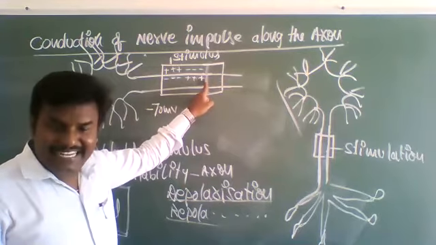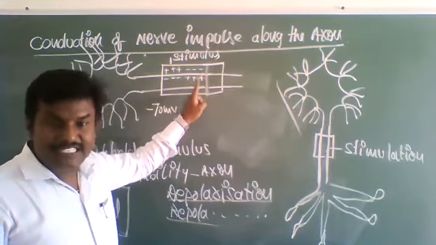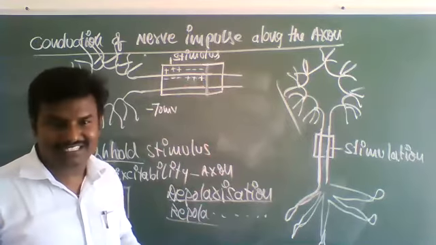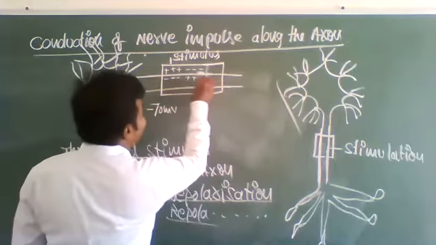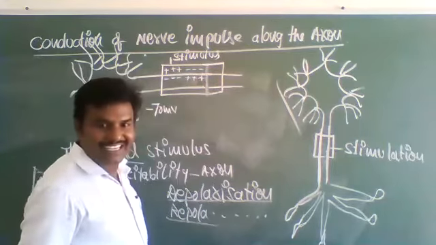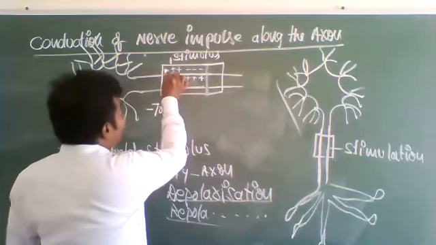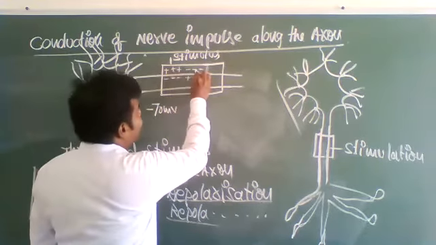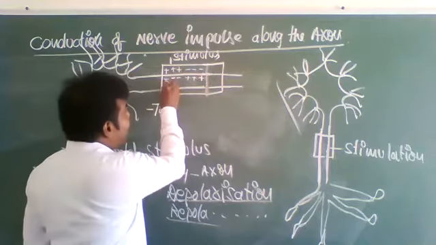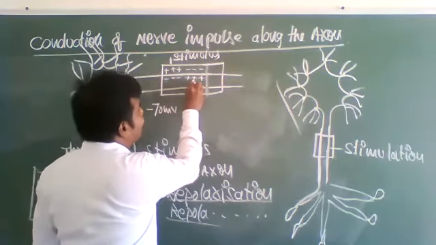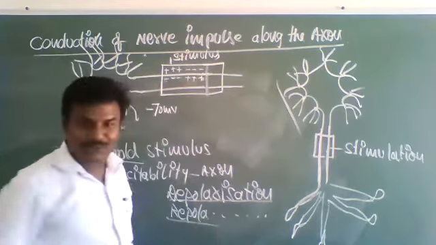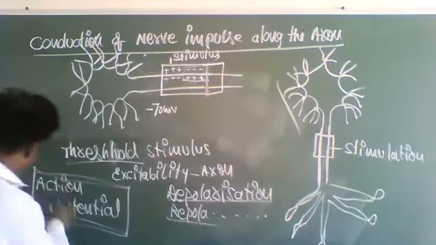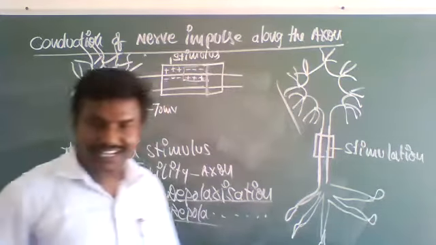When it is excited, the axon undergoes depolarization and repolarization due to the changes in the membrane permeability. Membrane permeability means what? Here positive became negative, positive became negative, positive became negative. Here this negative became positive, negative became positive, negative became positive. So this condition leads to action potential.